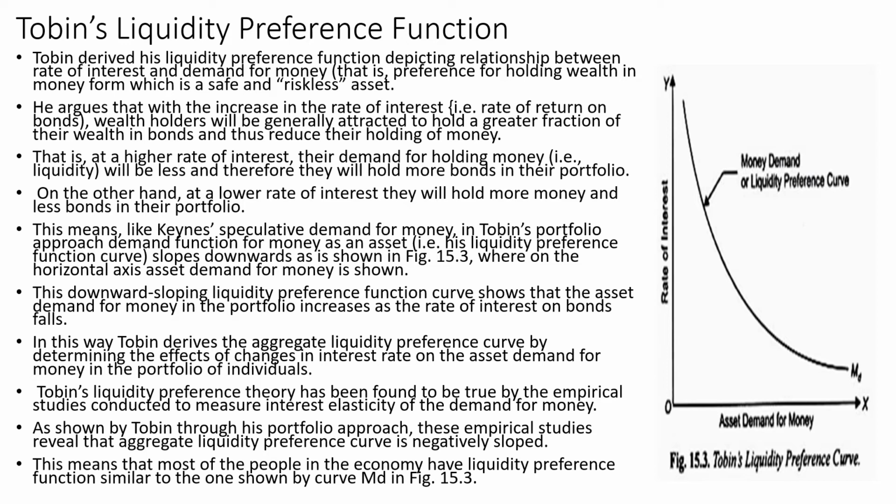In this way, Tobin derives his aggregate liquidity preference curve by determining the effects of changes in interest rate on asset demand for money in the portfolio of individuals.